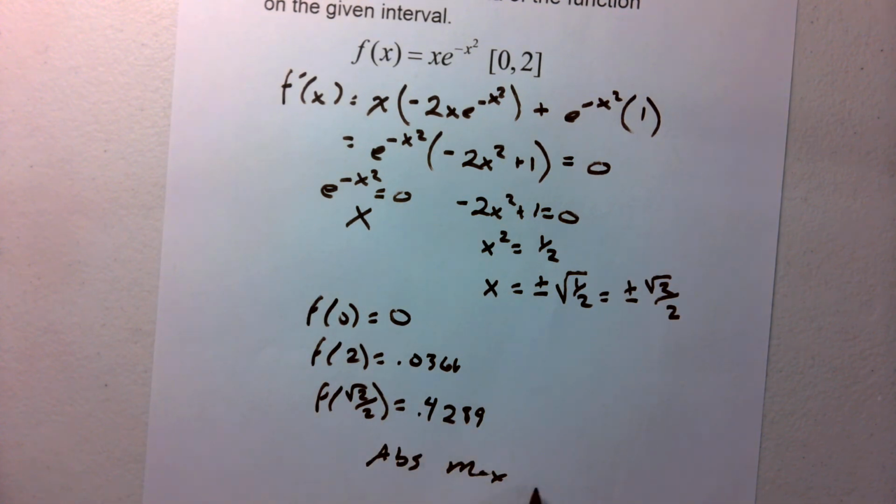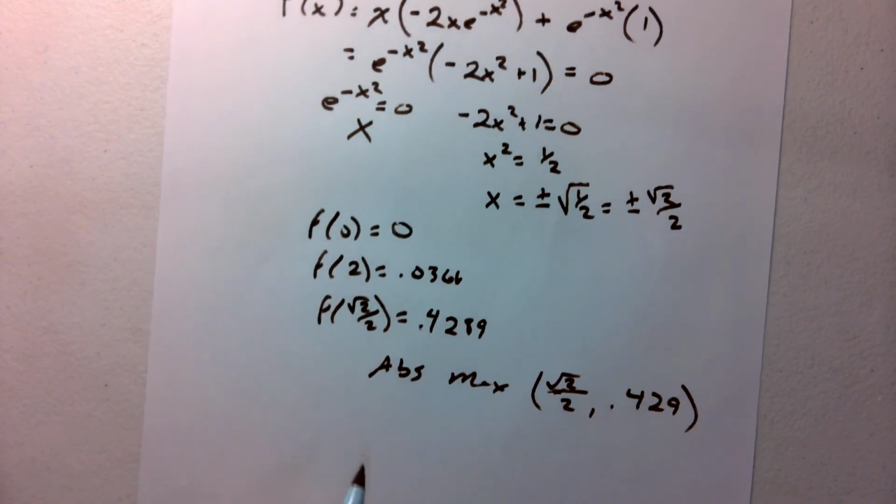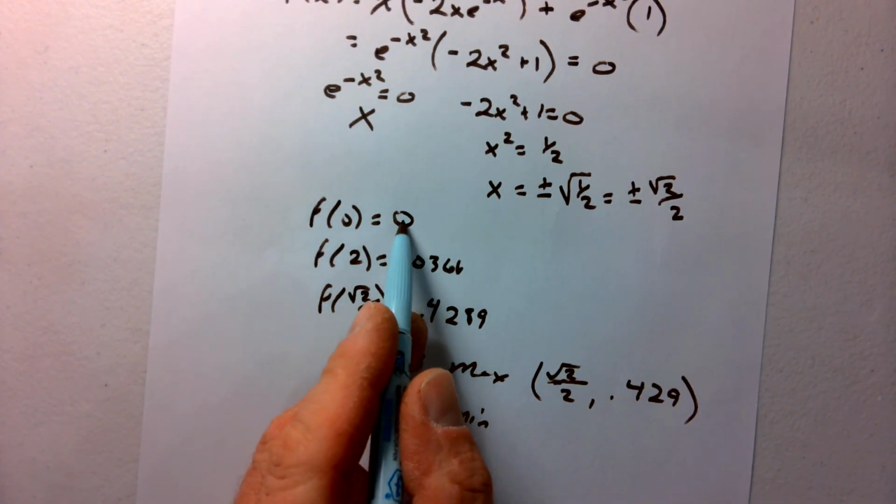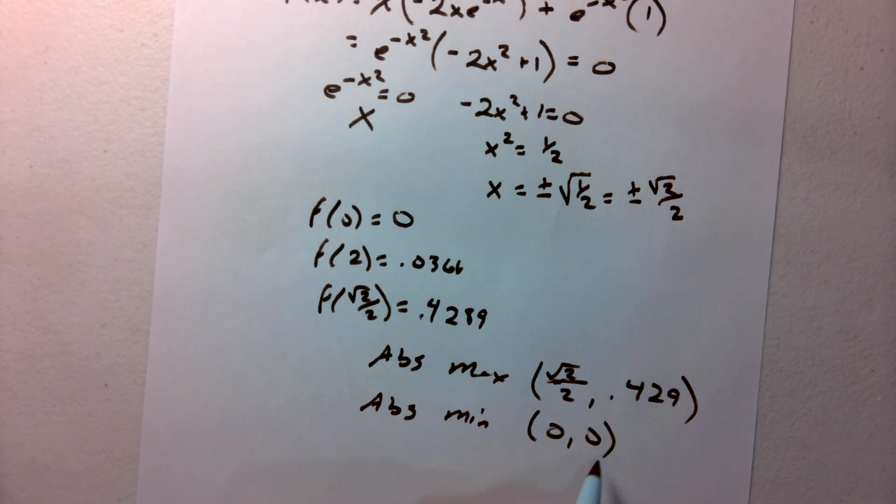So it's going to be at √2/2, 0.429. If you want, give the point. And my absolute min is going to occur at the smallest number, which is going to be 0. So I get the point (0, 0).